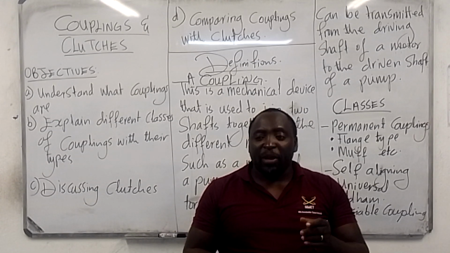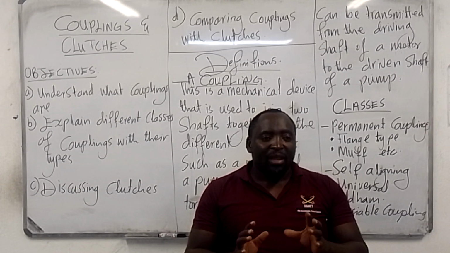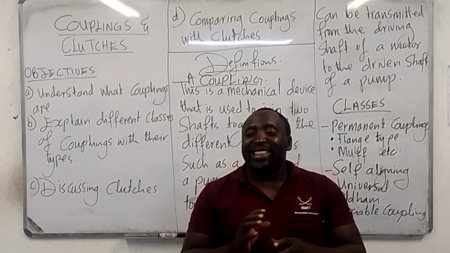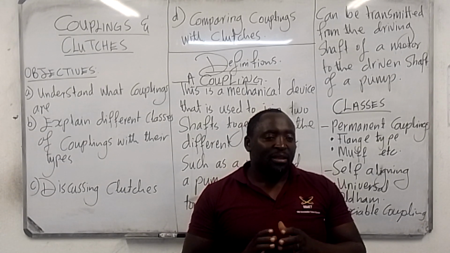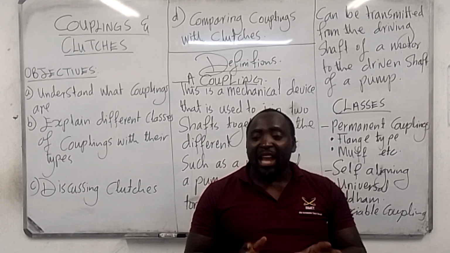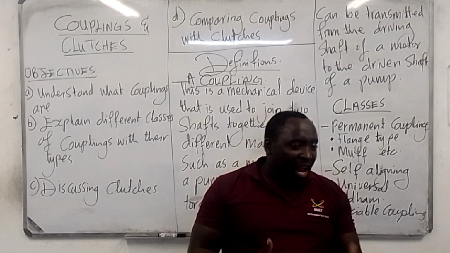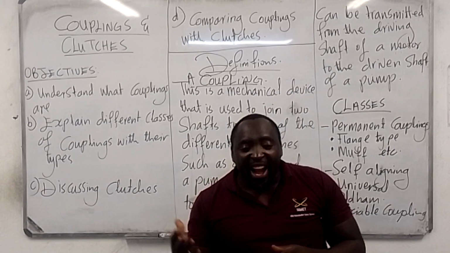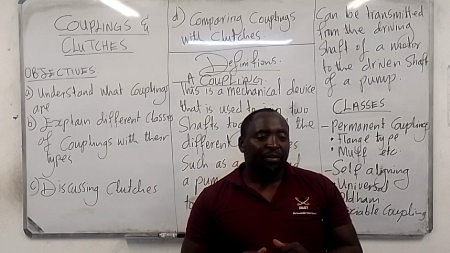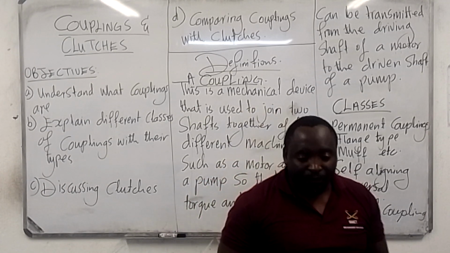Then the rotation takes place. These are flexible couplings. They allow for misalignment. They work well where there is misalignment. Fixed coupling, which is permanent, no misalignment. Flexible, you can have misalignment. Self-aligning can run at an angle which is reasonable. Any question?